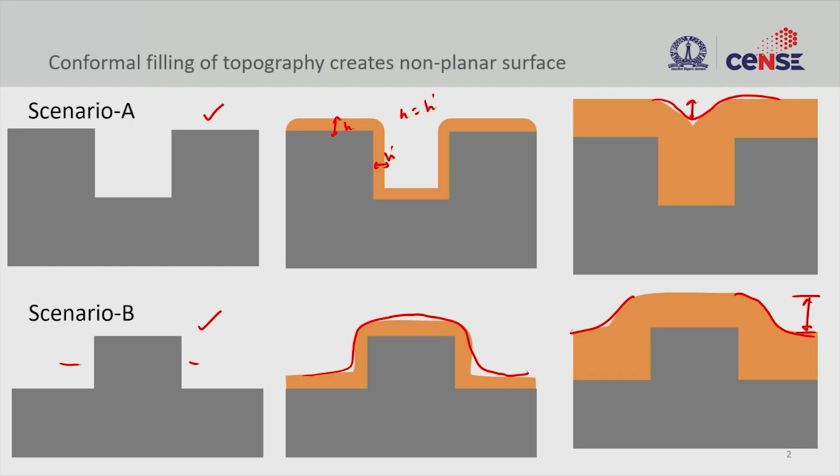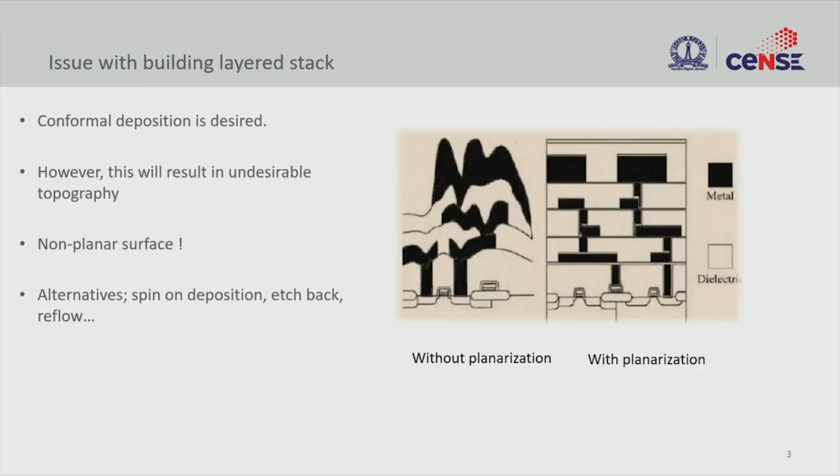Let us look at some general expectations from the wafer fabrication process. What are the issues that we face when we build a multi-layer stack? We tend to use conformal deposition, which gives very good fill, but this normally results in a topography.